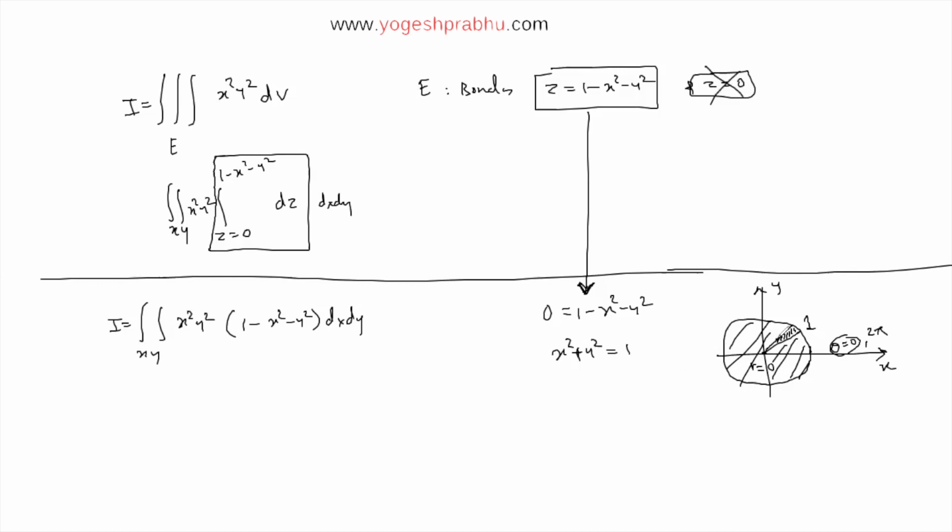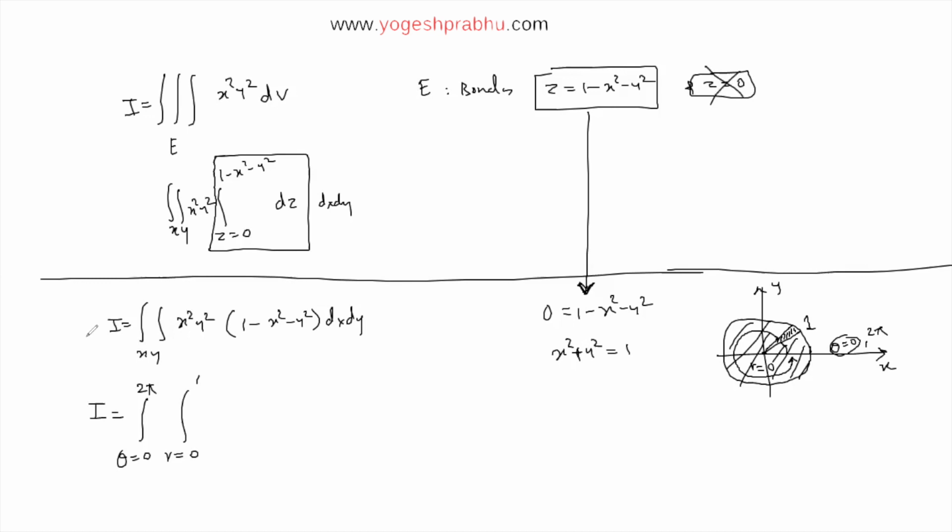The strip will go one complete circle. So the integral becomes theta from 0 to 2 pi, r from 0 to 1. And now of course we are getting it in terms of r and theta.